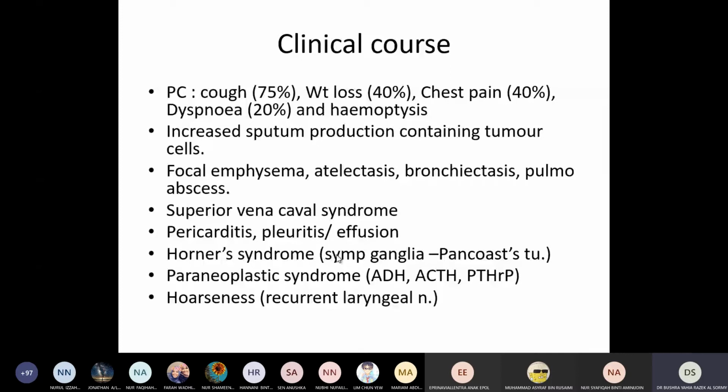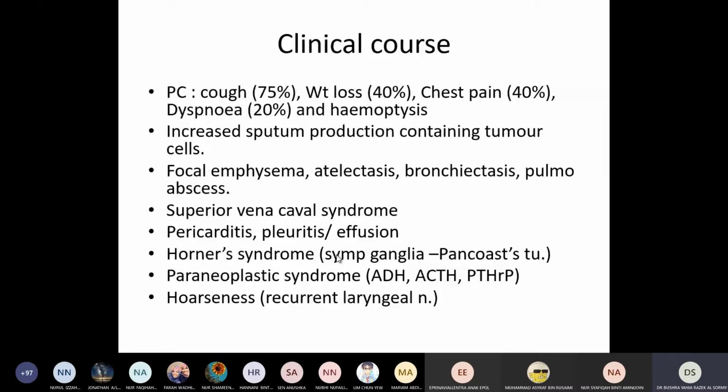Paraneoplastic syndrome, if you can remember, patients may have features of Cushing syndrome like ACTH, and also hypercalcemia or hyponatremia, and we just try to treat, but we don't know there is actually a pre-existing tumor in the lung.